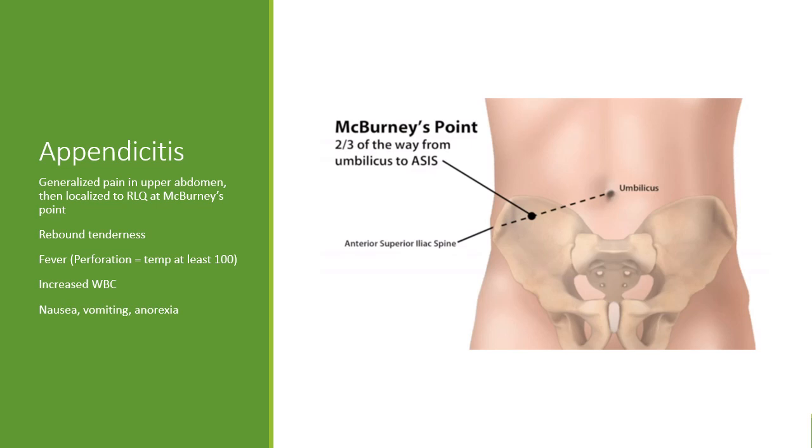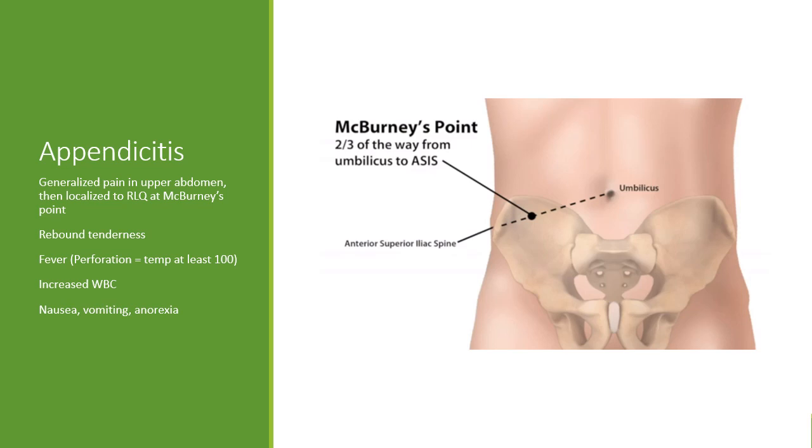So instead, what you could do to assess for rebound tenderness is ask the person if the bumps in the car ride hurt them. You could ask the person if they have pain lifting their right leg up in the air. So anything that engages the psoas or rotation of that right leg, the psoas muscle runs right underneath that inflamed appendix. That's going to increase the pain.